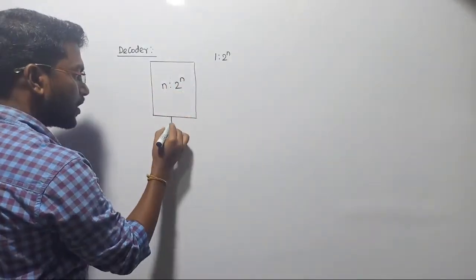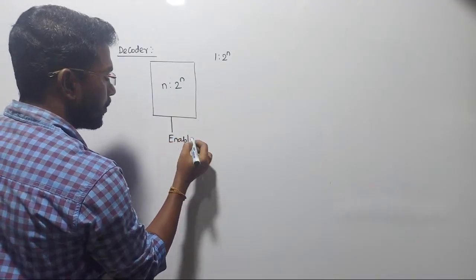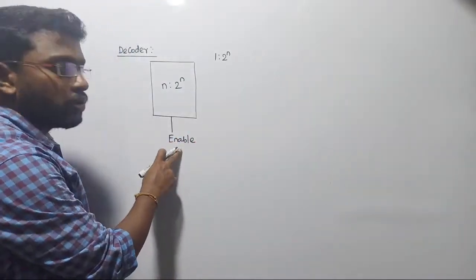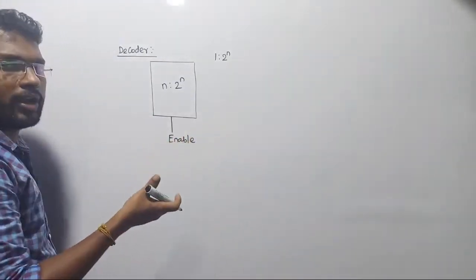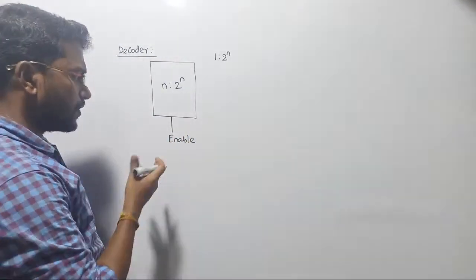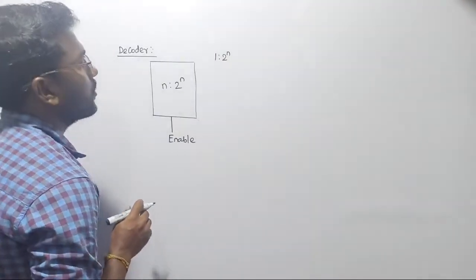With this we are going to consider one more pin, called the enable pin. We should talk about the enable pin later. There are two types of enable pins, and we'll see them soon. After completing the encoder and decoder, I will talk about this also to get clarification, right? Fine. Let's start our discussion with the decoder.